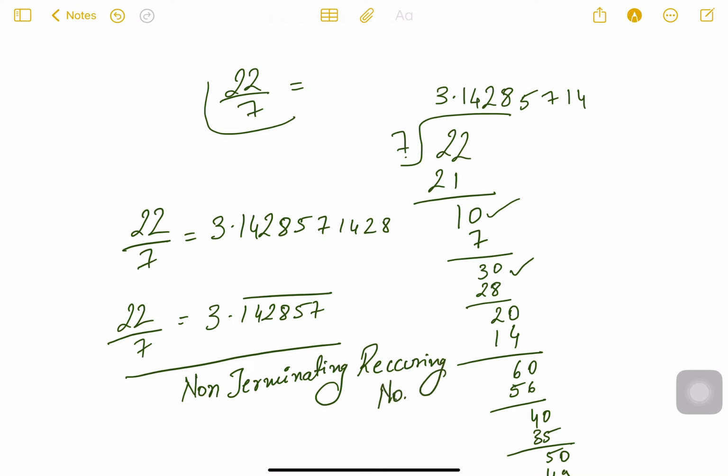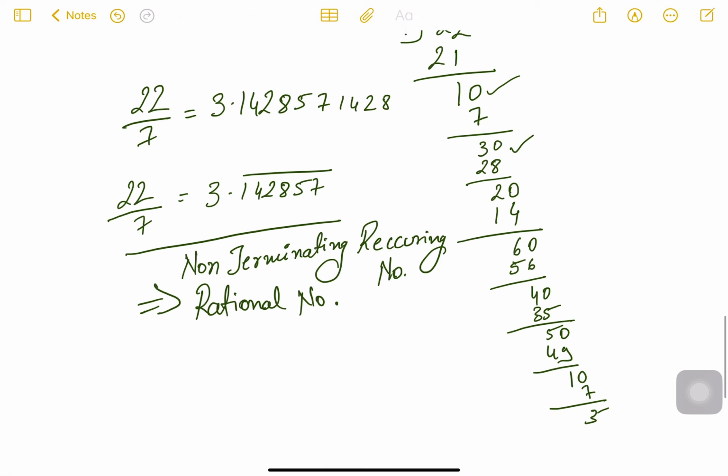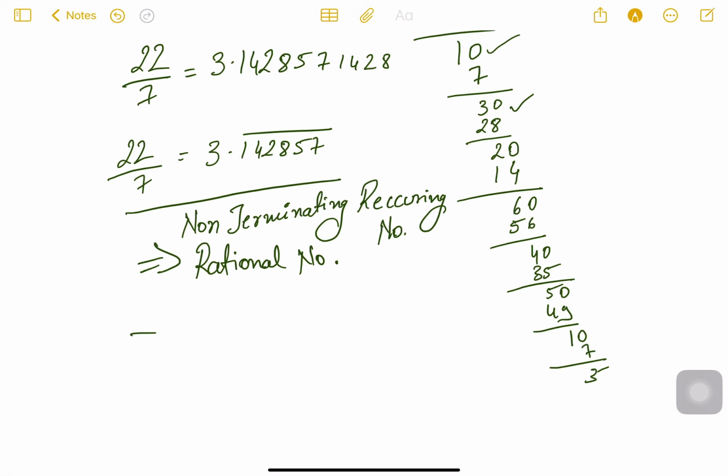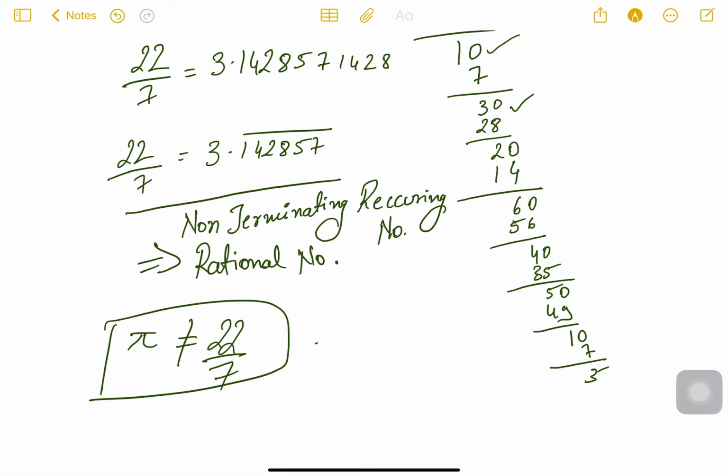So this implies it is a rational number. So what do we understand? Pi is not equal to 22 by 7, but we take it for ease of calculation.